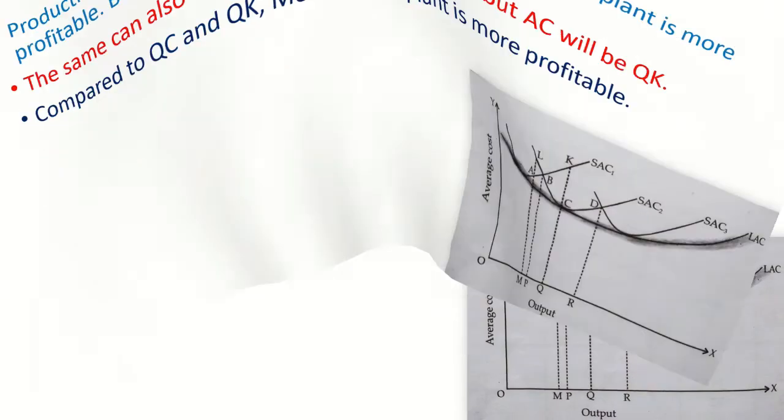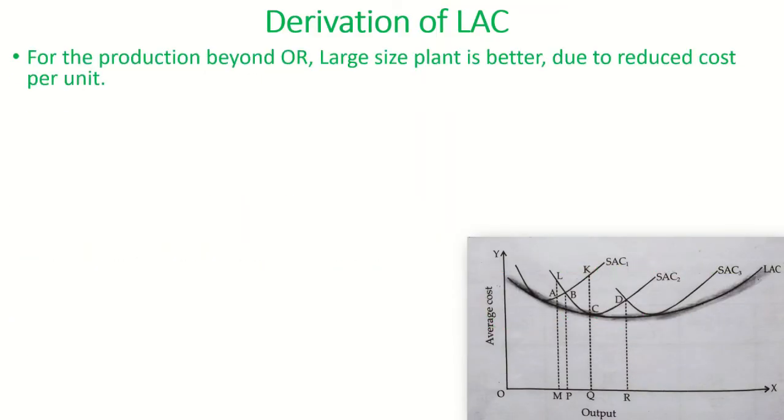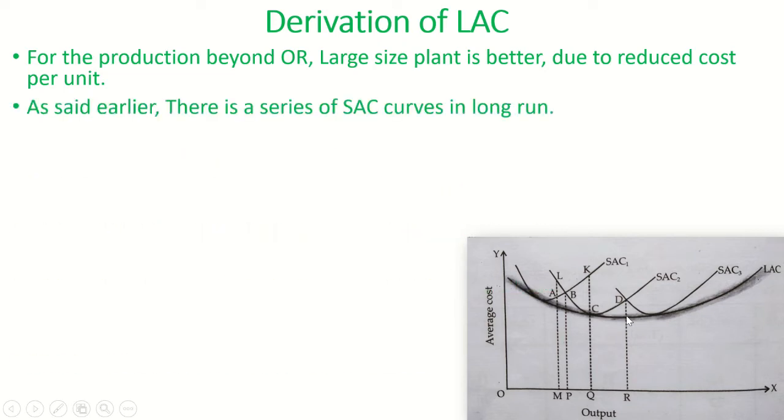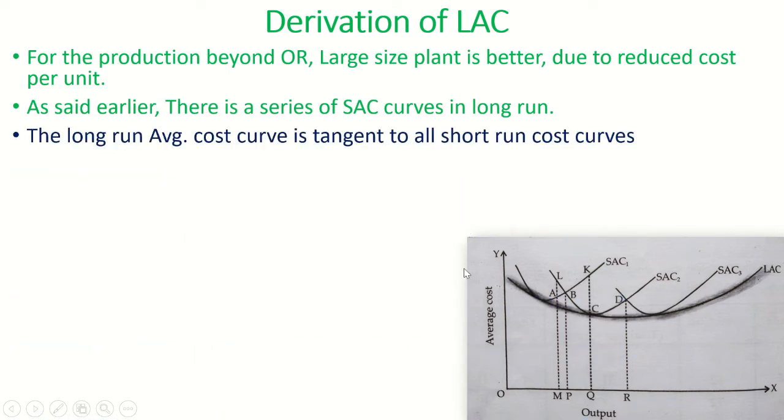Okay, and next, for the production beyond QR, the larger size plant is better because of the reduced cost per unit. As said earlier, there is a series of SAC curves in the long run. We have seen SAC1, SAC2 and SAC3.